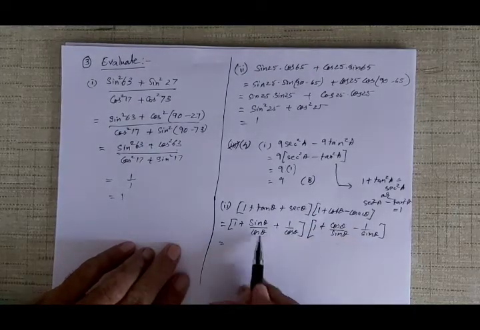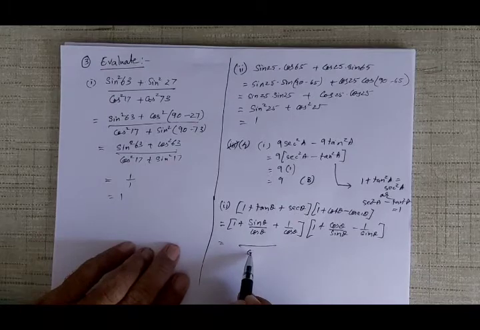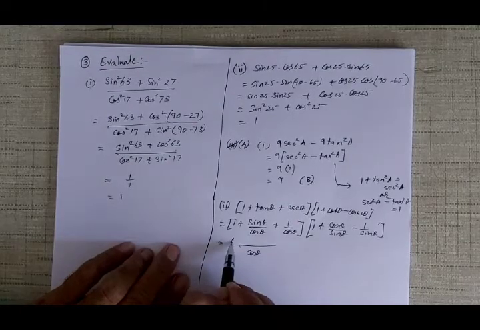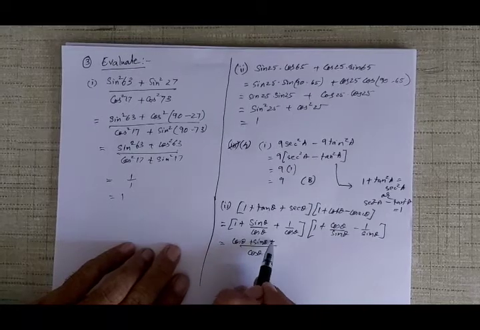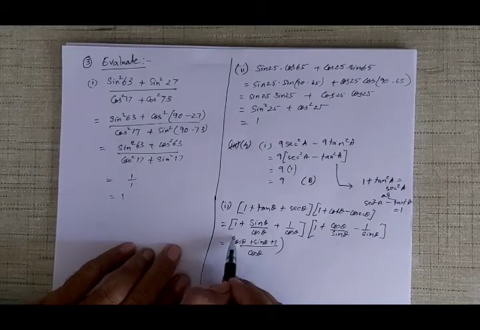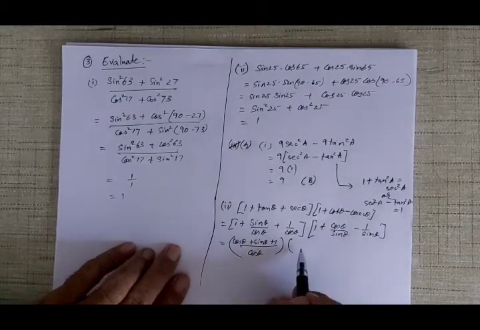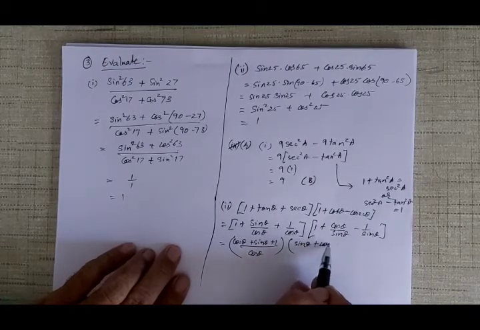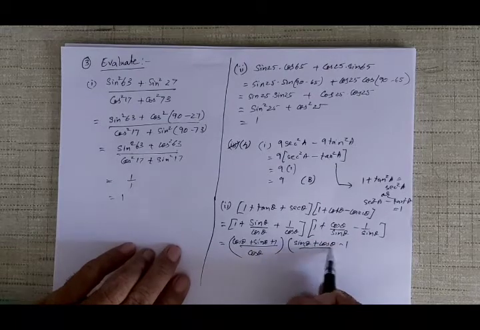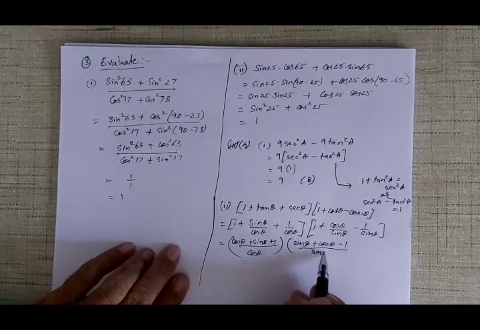Alright, now take cos theta as LCM. So you will get cos theta plus sine theta plus 1 in one bracket. In the other bracket, take sine theta as LCM. So you get sine theta plus cos theta minus 1 upon sine theta.